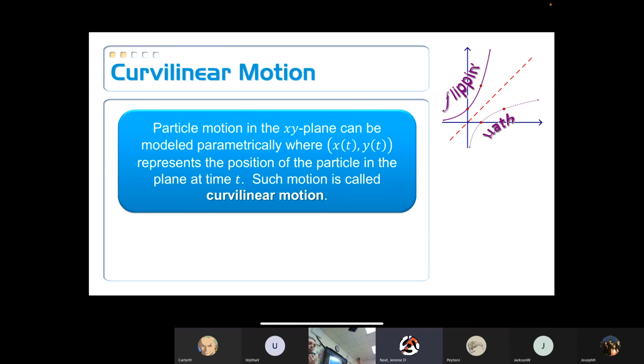All right. Curvilinear motion, particle motion defined in the coordinate plane, so that now instead of just being bound by an axis, either left, right, up, down, we can make some neat little curves whenever we throw our objects someplace. And we define your x's separately from your y's, your horizontal separately from your y's, with respect to time.